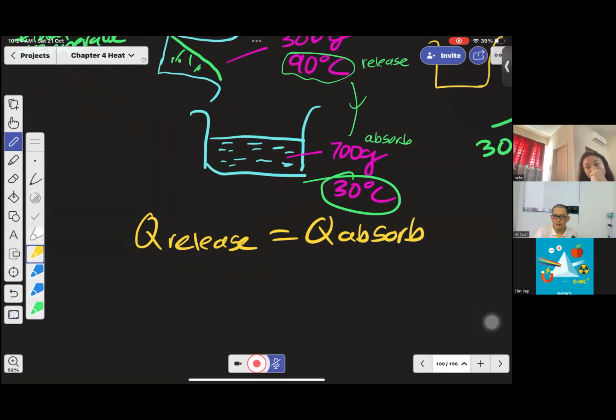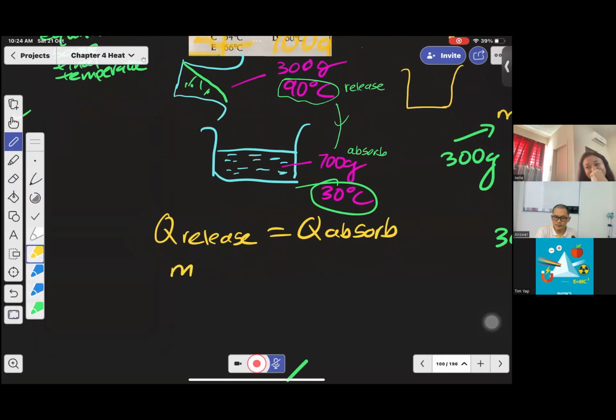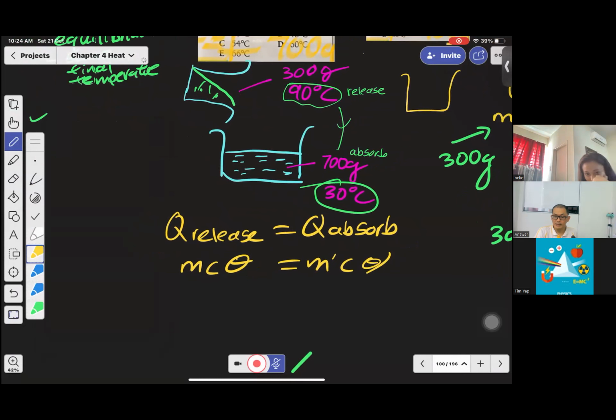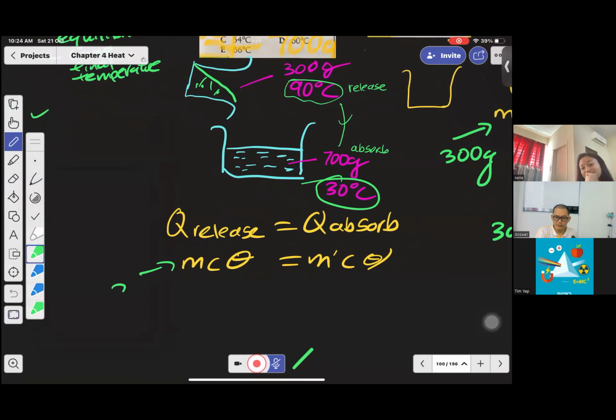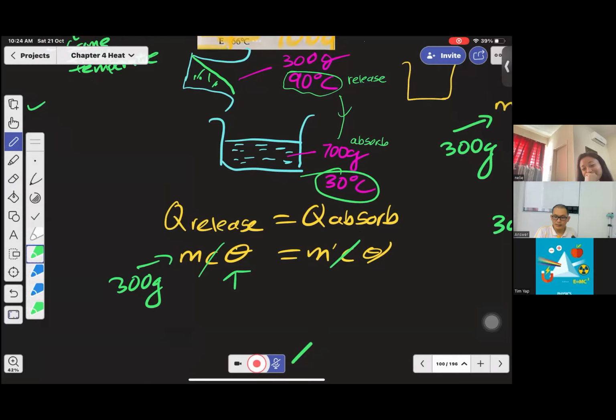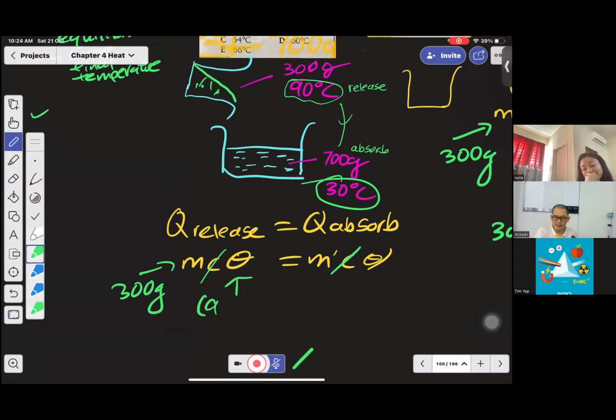Okay, so Q release equal to MC theta, Q absorb MC theta. So Q release is 300 gram of water. Both is water, so you can cancel the C. The initial temperature is 90.